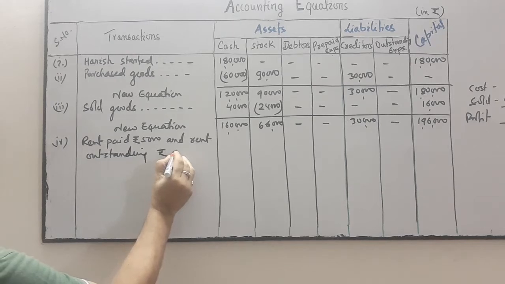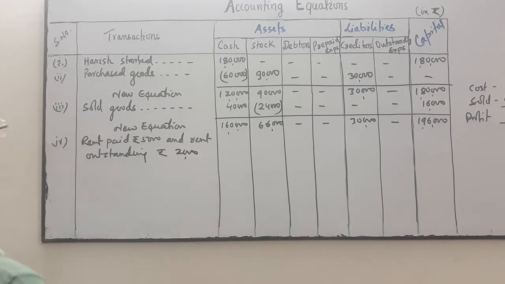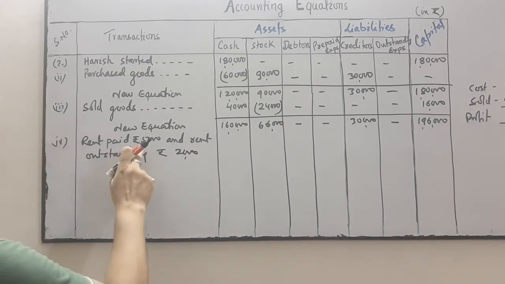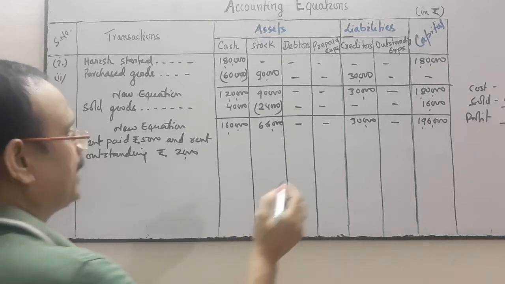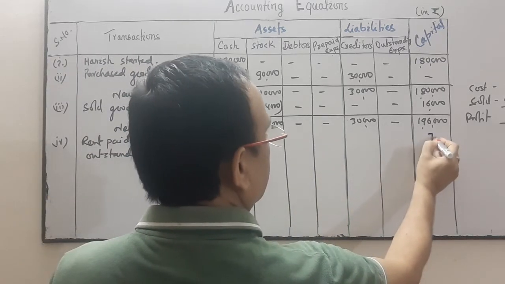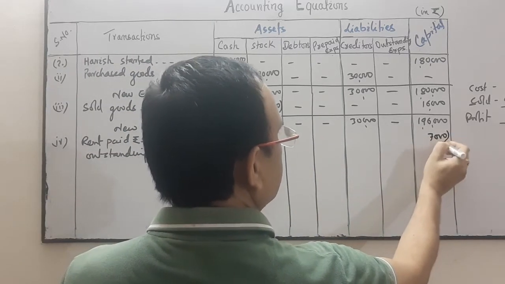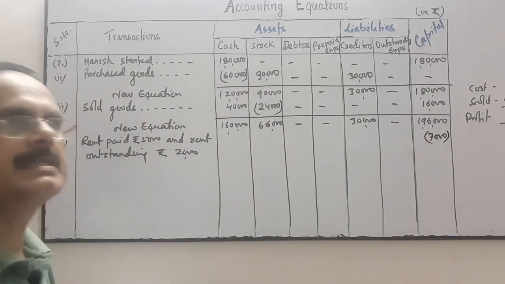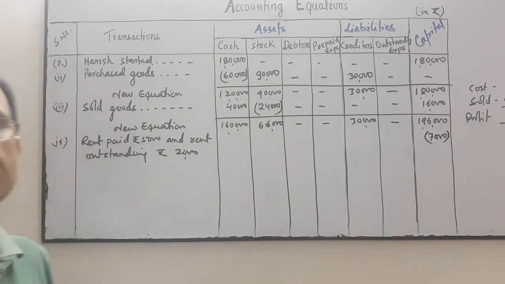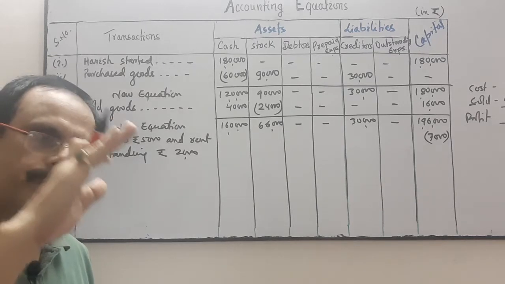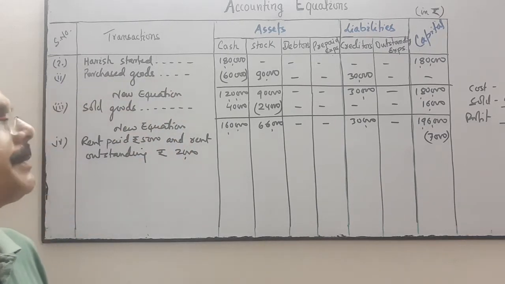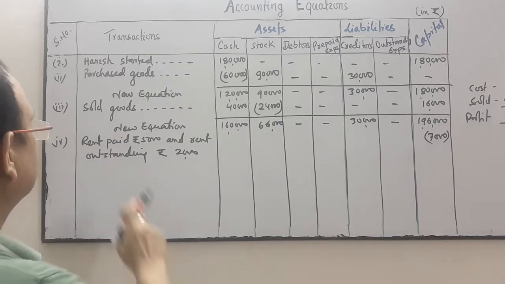So total rent is 5,000 which is paid and 2,000 which is not paid, but both are expenses, and because of these the profit will decrease by 7,000. Because of this revenue expense, the profit will decrease by 7,000. It means our capital will reduce by 7,000.